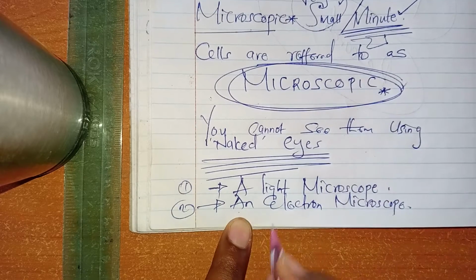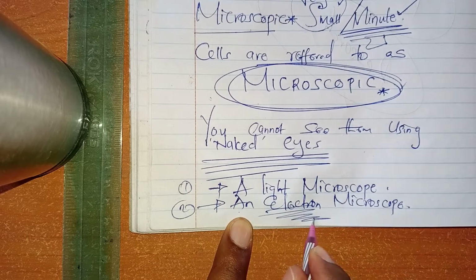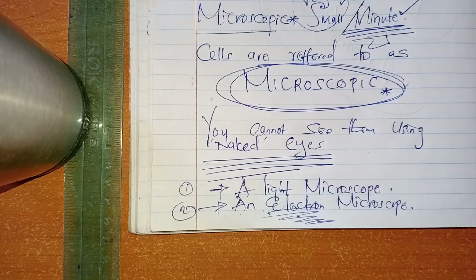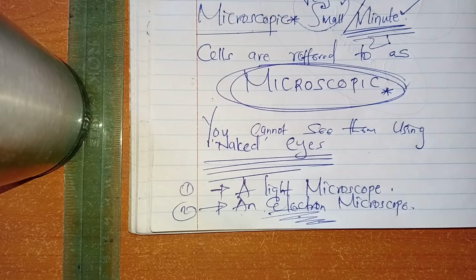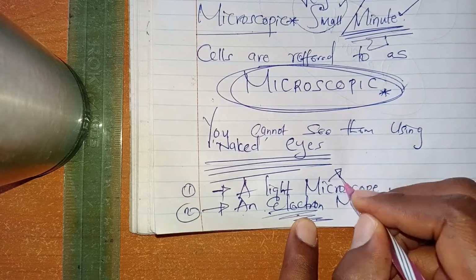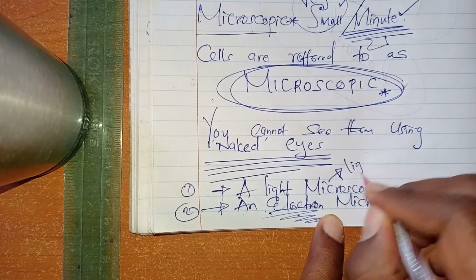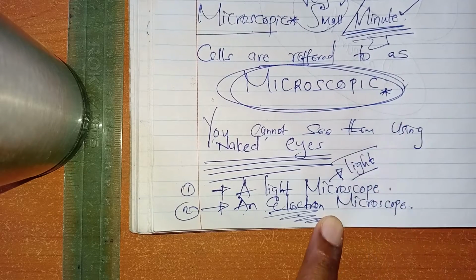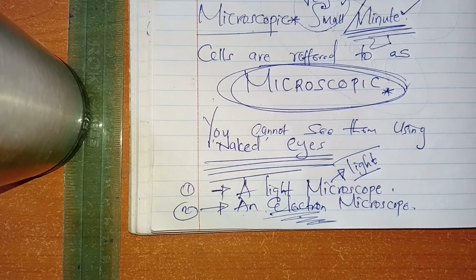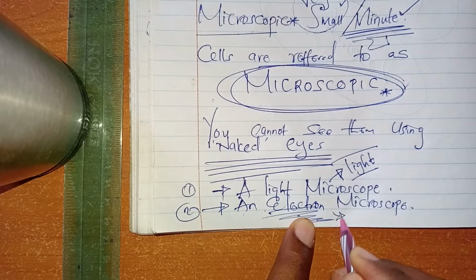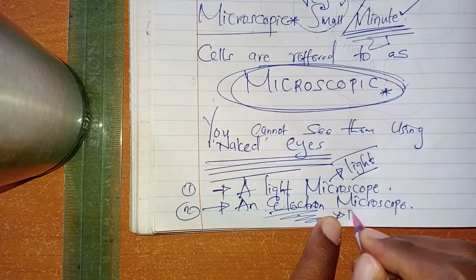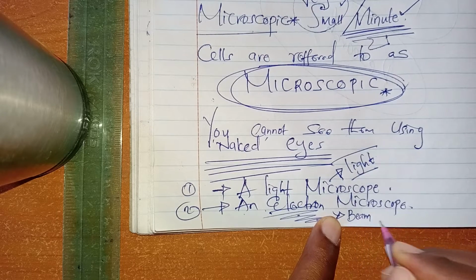Some student will say an electric. No, we say electron microscope, of course, and a light microscope. So as the names state, a light microscope uses light to illuminate your structures or cells. Then an electron microscope uses a beam of electrons.